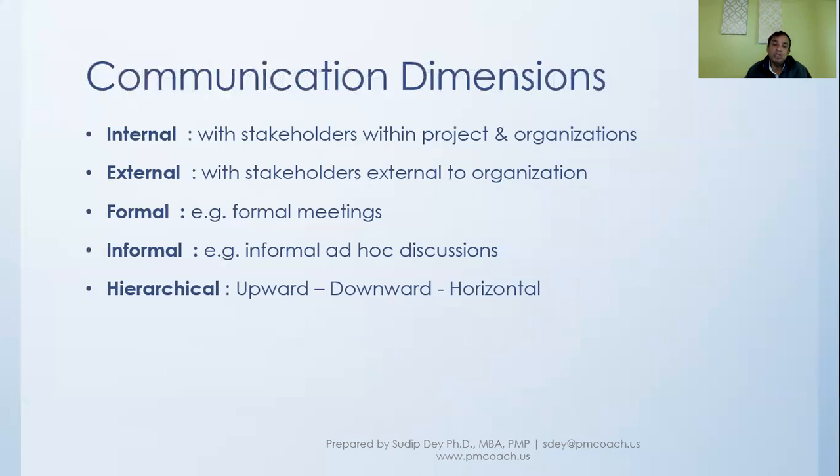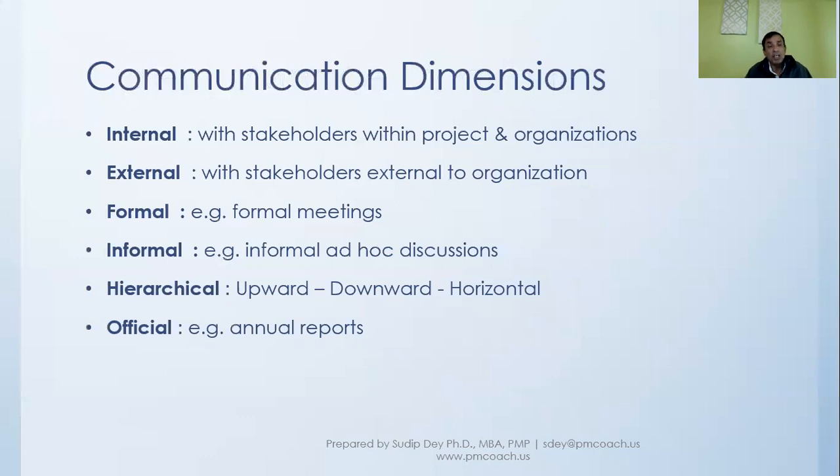When we say downward, it is really about communication to the project team members and of my team. And when I say horizontal, it is peer groups. For example, other project managers in the organization and so on. So communication can be hierarchical, which is it can be upward, downward, or horizontal.